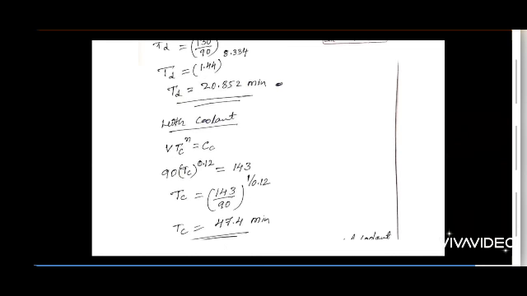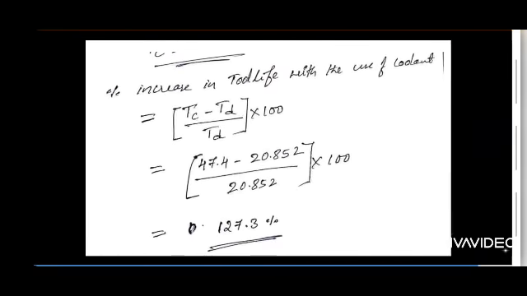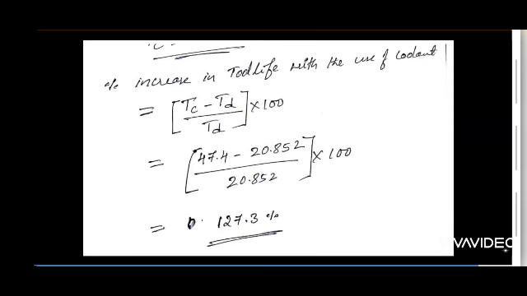You compare and find out the percentage increase in tool life. Percentage increase in tool life with the use of coolant is equal to (TC, tool life under coolant condition, minus tool life under dry condition) divided by tool life under dry condition, into 100.